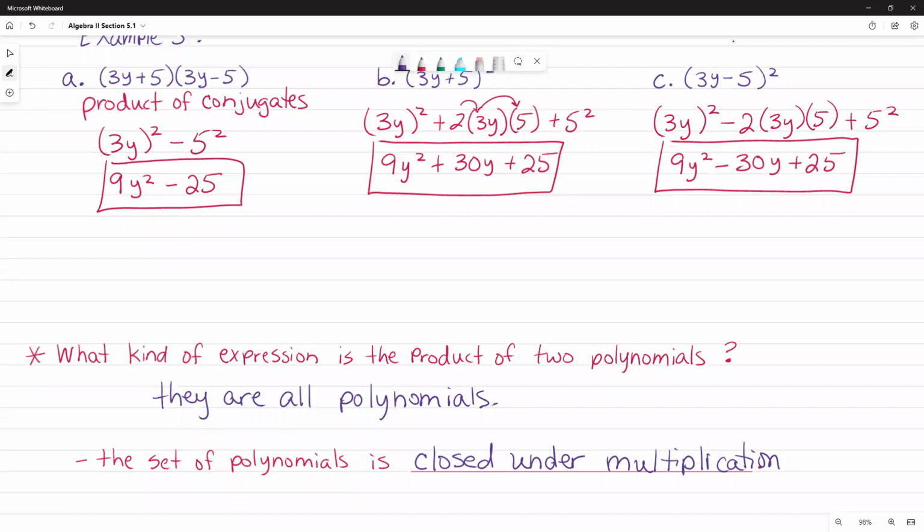Whenever your solution falls in the same set as the factors you're combining in some way, in this case multiplication, the set is closed. So when you are multiplying polynomials together, your answer should always be a polynomial. The smallest you would have is a binomial. If you don't, then you got something wrong.